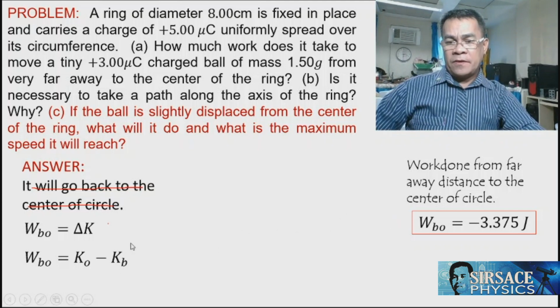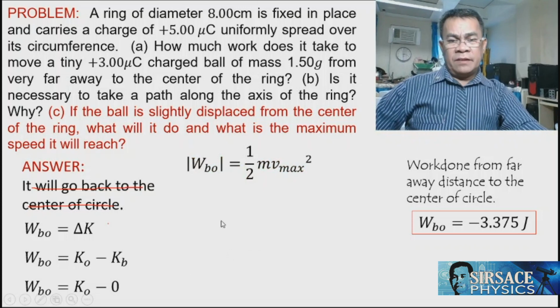This must be zero because at the far distance it is at rest. If velocity is zero, kinetic energy is zero. So the work done from B to O is the kinetic energy.